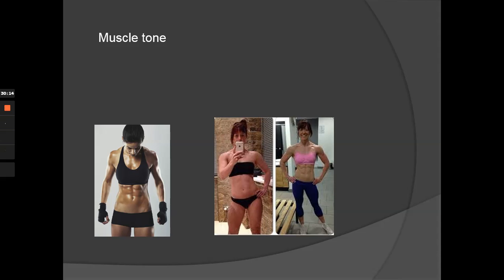But for everyone else, you do have some degree of muscle tone if your muscles are still working properly. However, like me, you don't really see my muscles under my skin slightly contracted. Mine have a layer of probably fat, right? We have the skin, I have a layer of fat, unfortunately, and then I have my muscles. So even if my muscles were slightly contracted, I'm still not going to be able to see that.